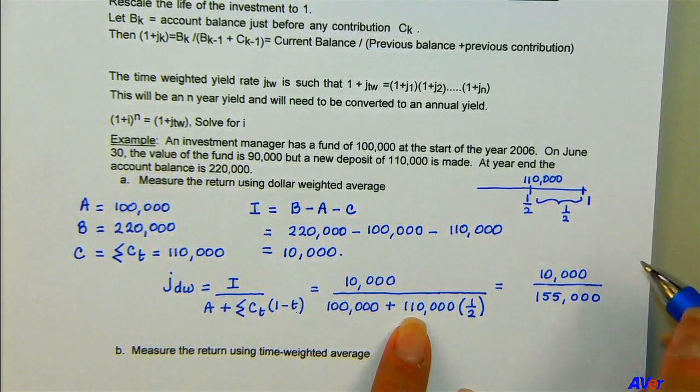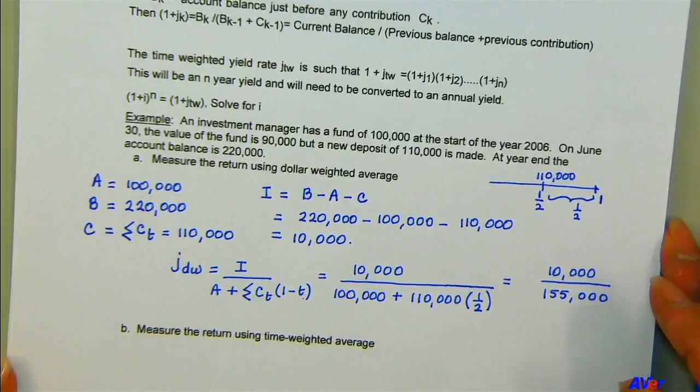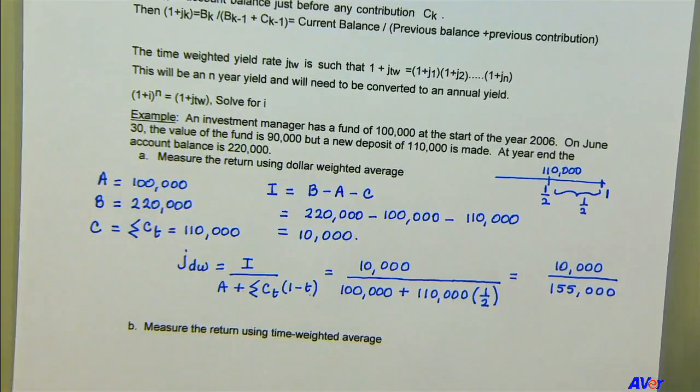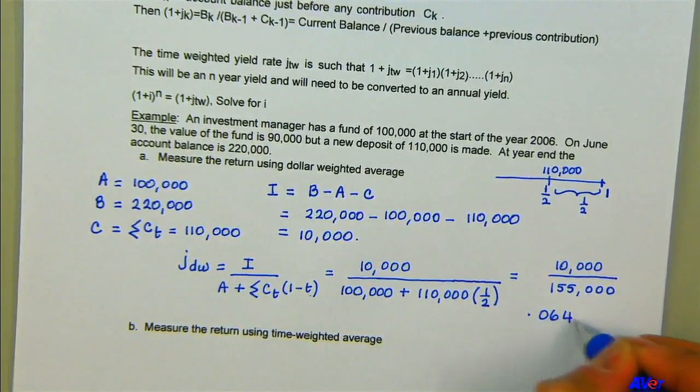So 10 divided by 155, what is it? .0645.